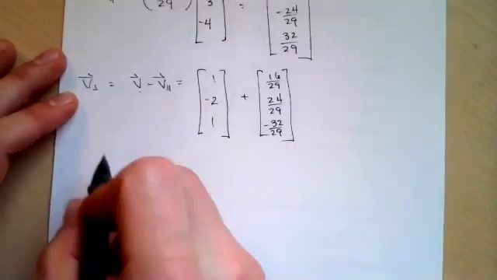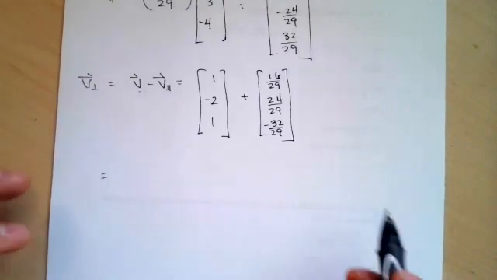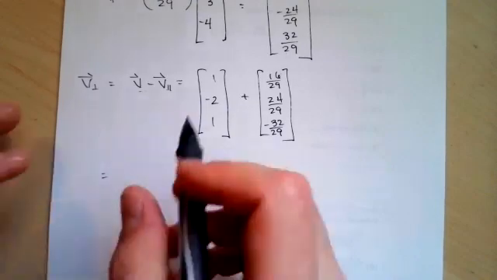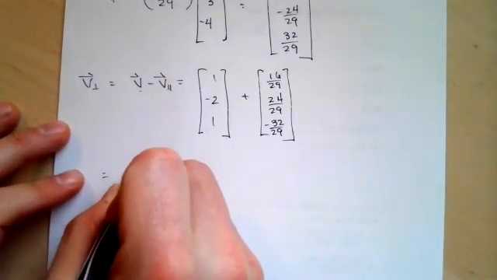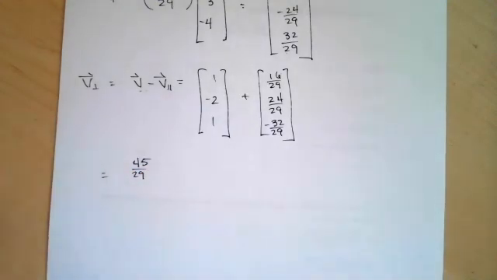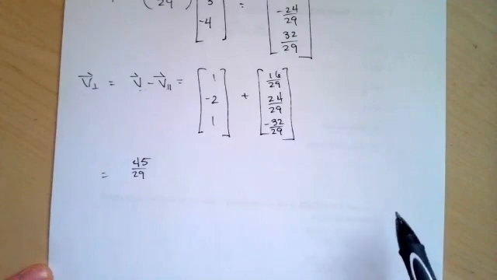Could have had better numbers, but we've got to work with what we got. So 1, 16, and 29 is going to give us, what, 45? It might even be helpful to just pull out the 1 over 29 if you want to.